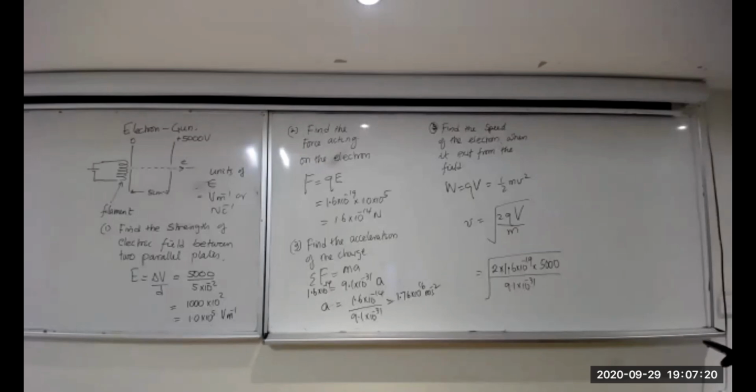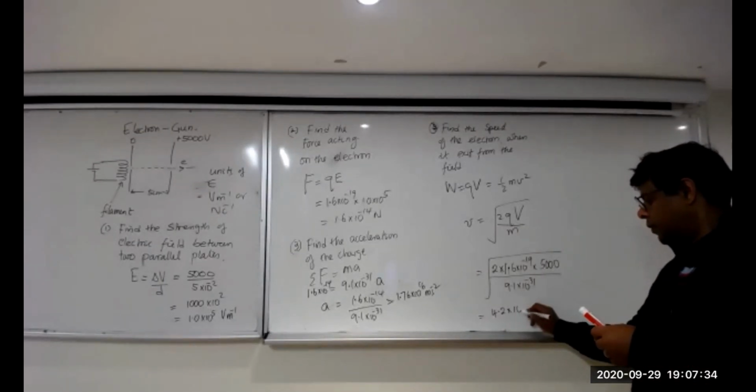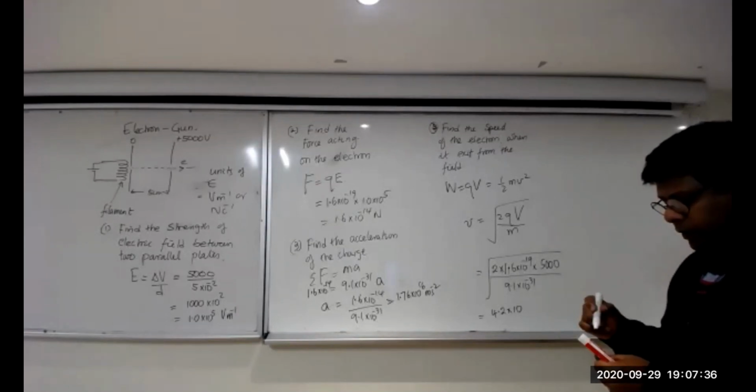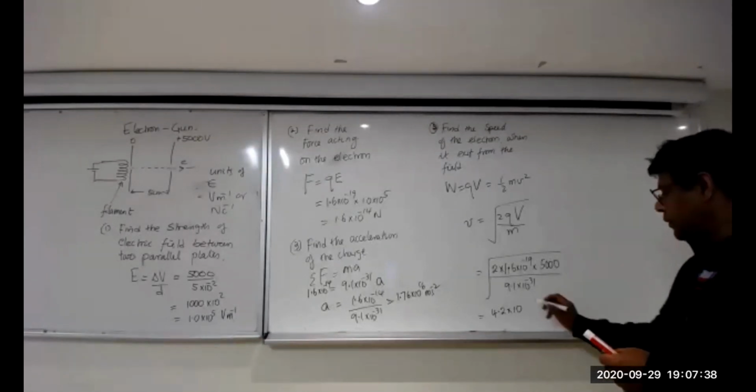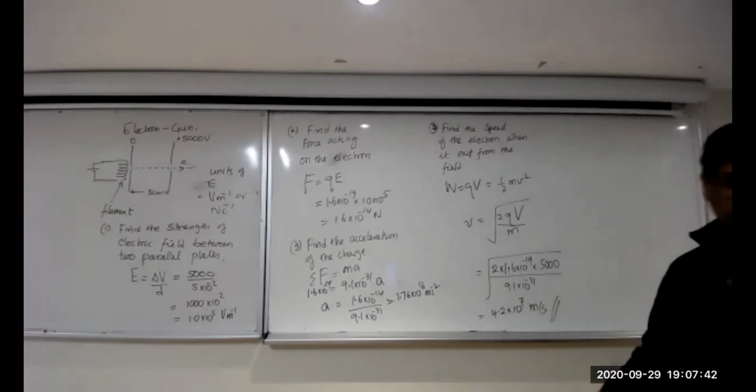So it's 2 times the charge times 5,000, divided by 9.1 times 10 to the power negative 31. You get about 4.2 times 10 to the power 7 meters per second. Okay.